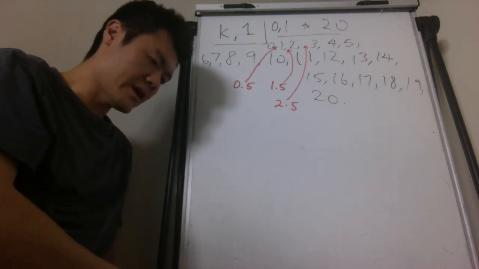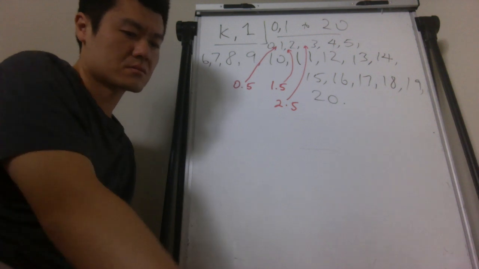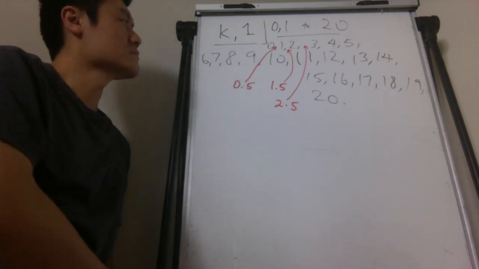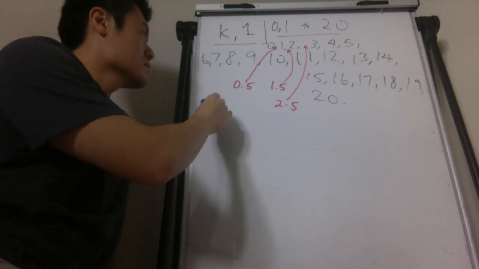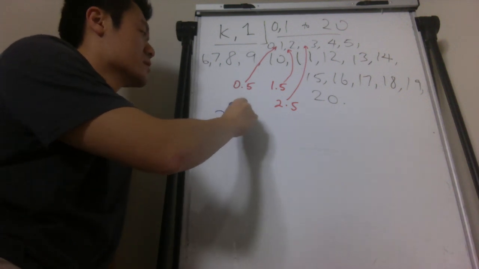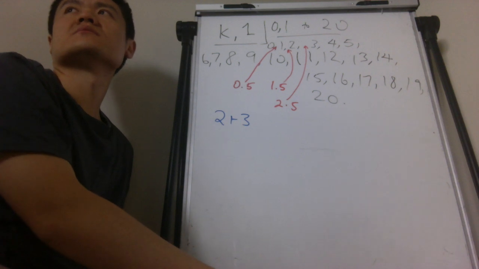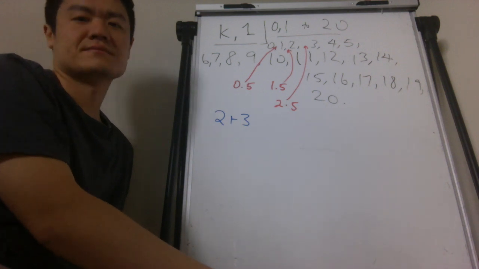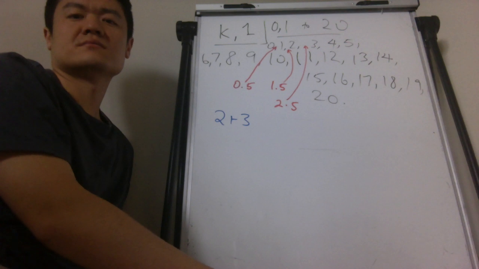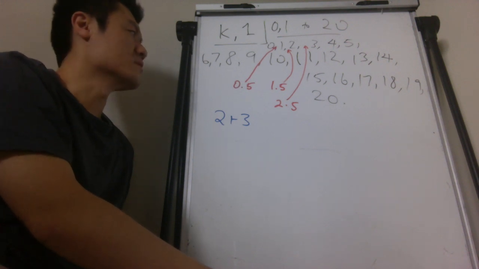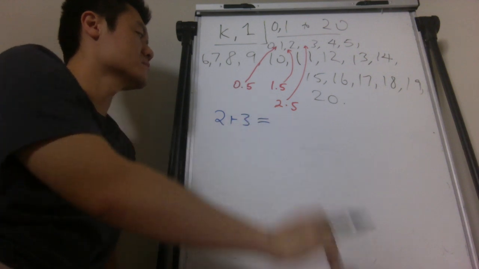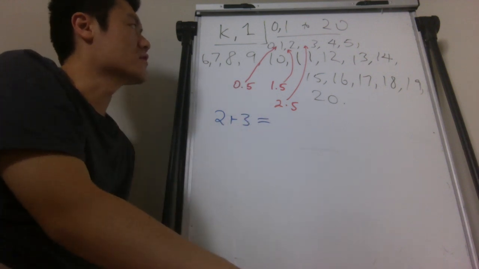So do you remember how to add numbers? So do you remember what we did if we had like 2 plus 3? 4? No, 5. Well, how do we do it? So it's 5, but how do we do it?